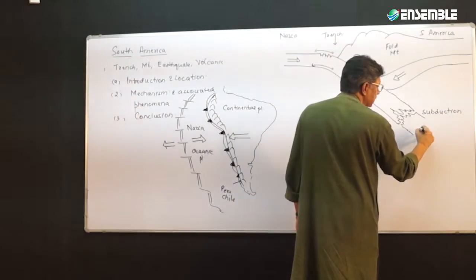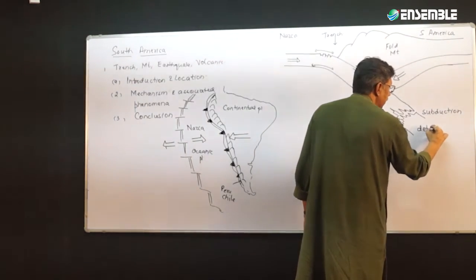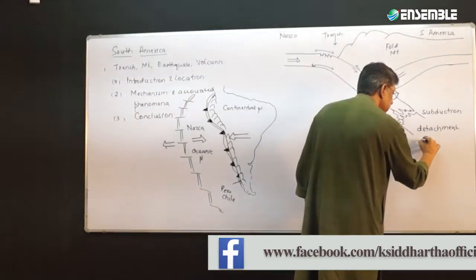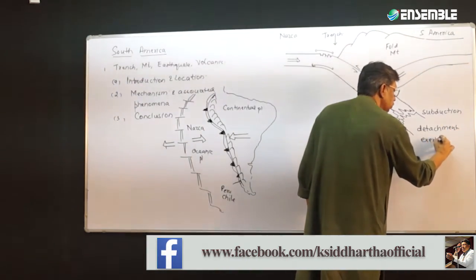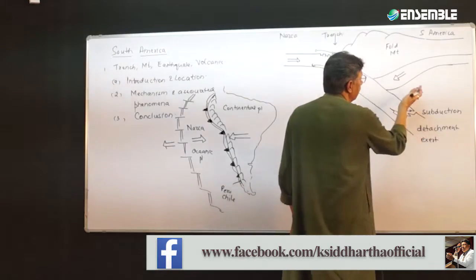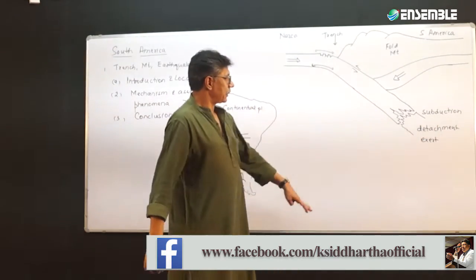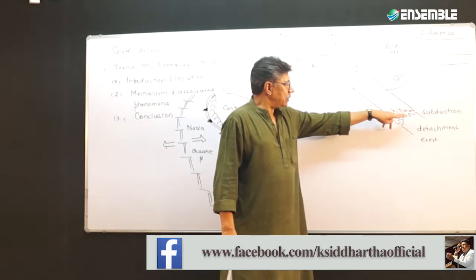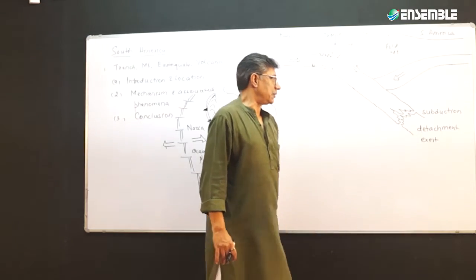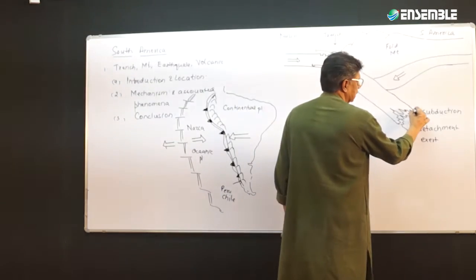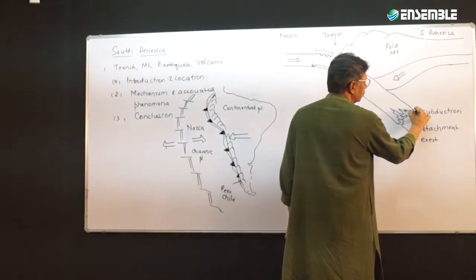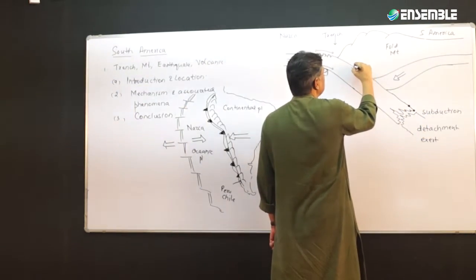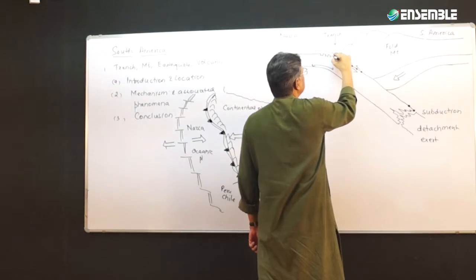Or maybe there is some amount of exertion that takes place, that means they get exerted from beneath. So because of detachment or exertion, an earthquake is likely to take place here. These are the zones that are going to become signs of earthquakes, all these areas.